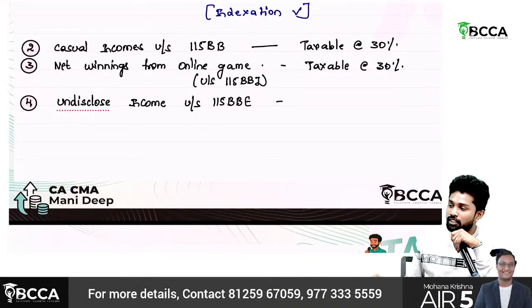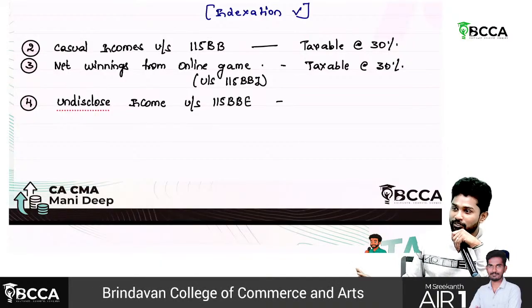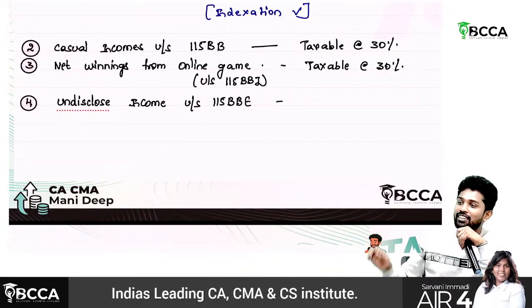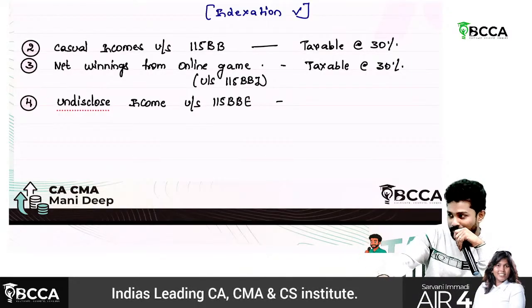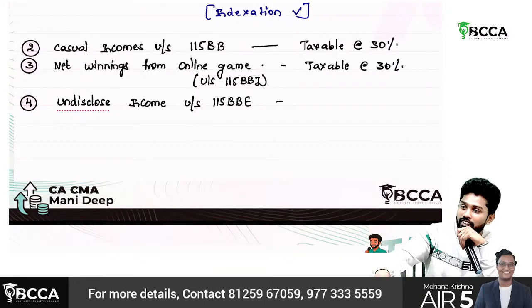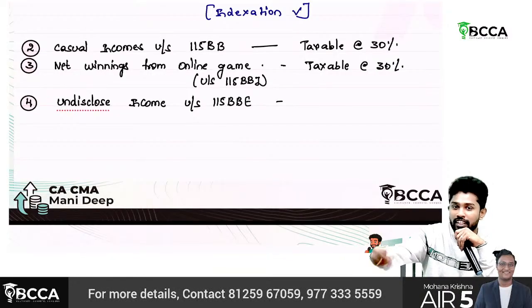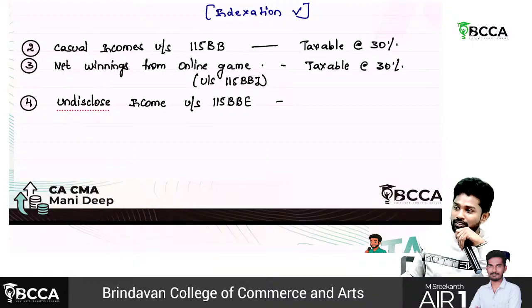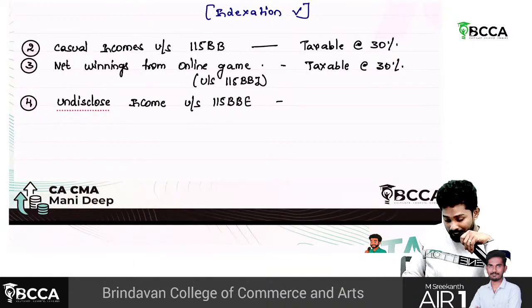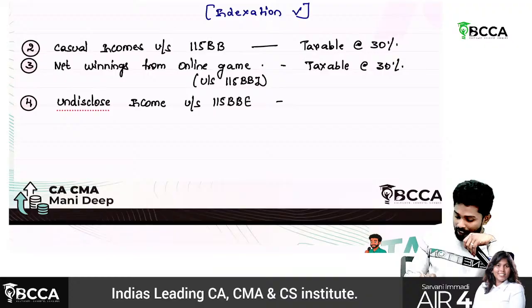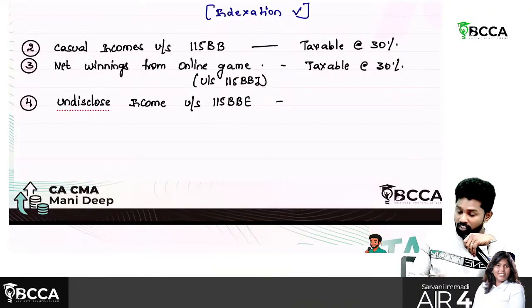Then immediately the department people will come and give notice asking what is the source for this 50 crores. If you provide the source, fine. If you cannot provide the source, or the explanation, again it is called undisclosed source of income.